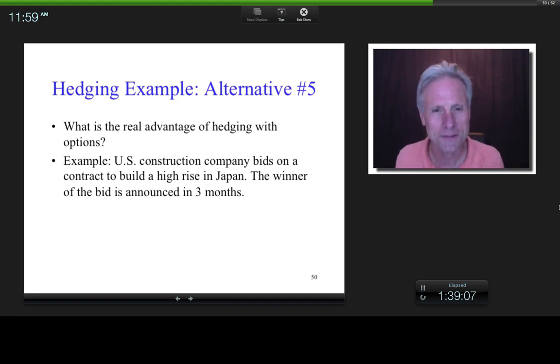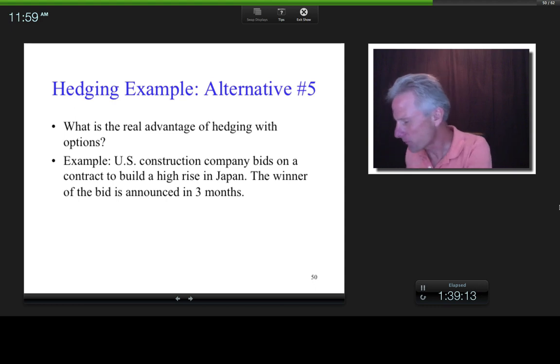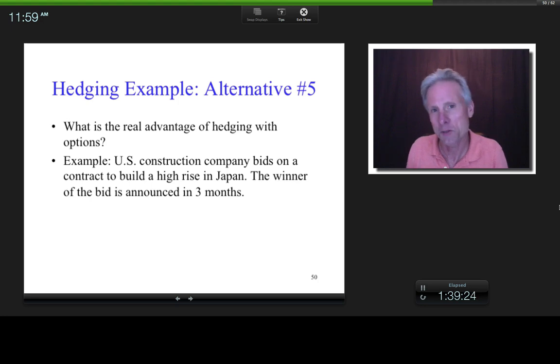We'll take bids, and we'll announce the winner of the bid in 3 months. So first of all, with that example, with your transaction, have you set up an accounts receivable or an accounts payable? Well, an accounts receivable, right? Because will Tokyo pay you to build the building if you win the bid?